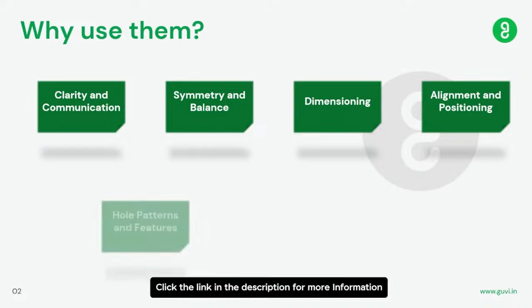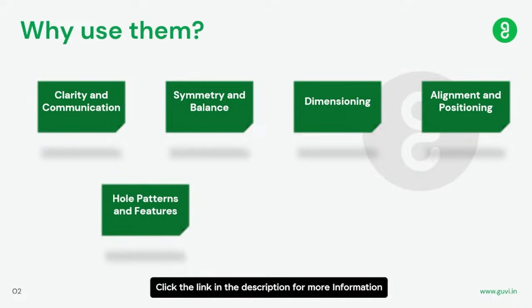Then comes hole patterns and features. Center lines are particularly important in indicating the location and orientation of hole patterns such as bolt circles and so on. They help define the center point from which holes are evenly distributed, ensuring proper fit and alignment in the manufacturing and the assembly process.